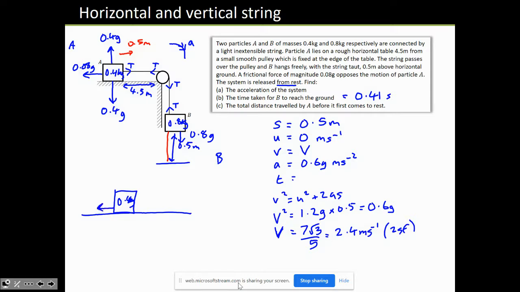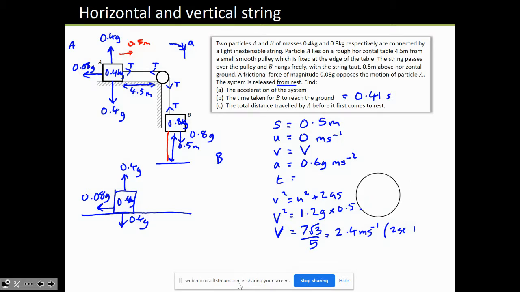There will just be a frictional force of 0.08 g. And yeah, we still have the 0.4 g here and here as our reaction force, but that's not going to affect our horizontal motion at all.